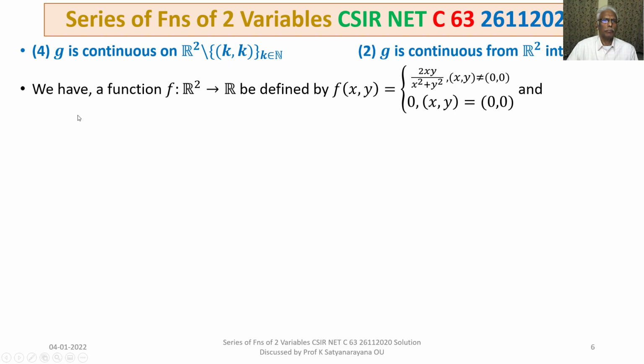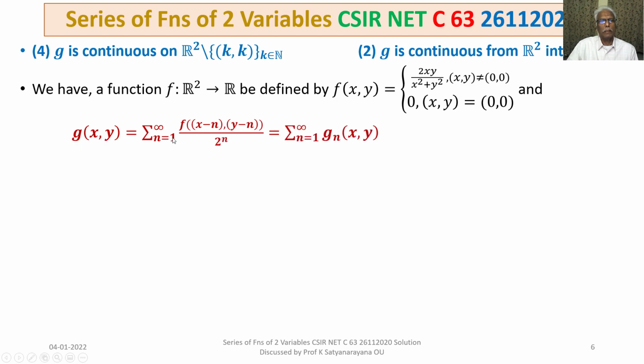So we have to discuss now. We have the function, and we have g of (x, y) defined as sigma n is equal to 1 to infinity f of (x minus n, y minus n) by 2 power n, and this f of (x minus n, y minus n) by 2 power n, call it as g_n of (x, y).